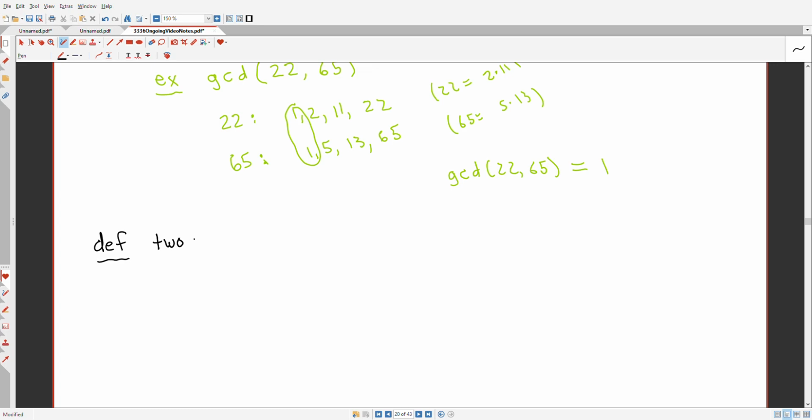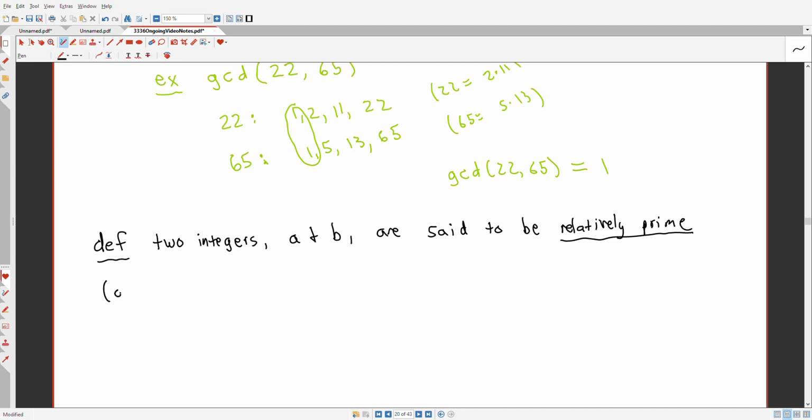Two integers, I'll call them A and B, are said to be relatively prime if, and only if, this is a definition, their greatest common divisor is the positive number 1.